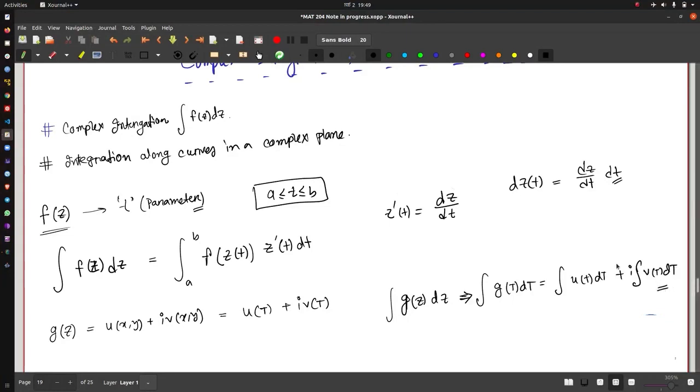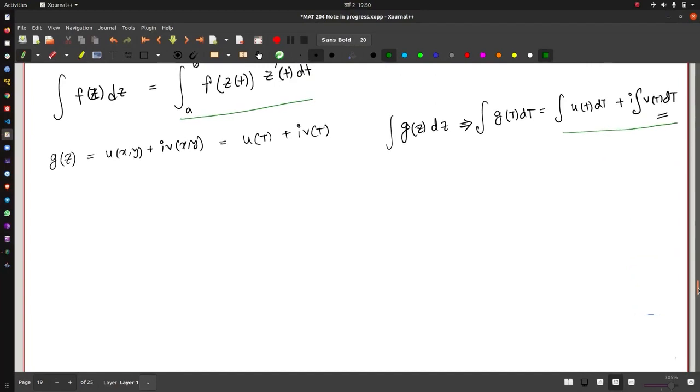Both of these forms represent the same result. It's just a choice of parameterization that you have. So you select the kind of parameters that is most convenient for calculation, and then you proceed with it.